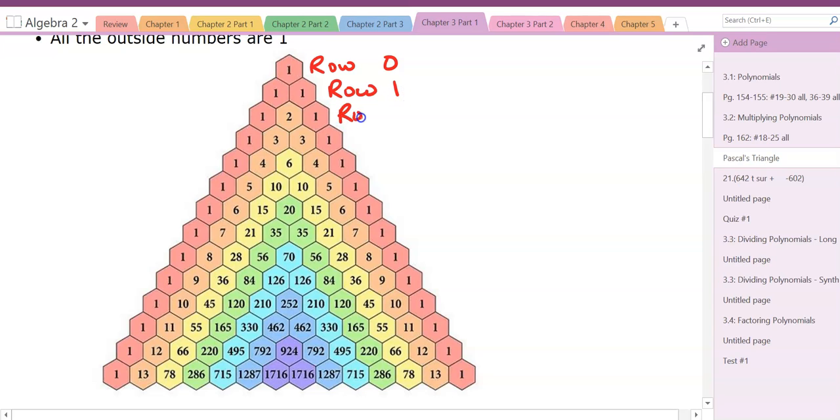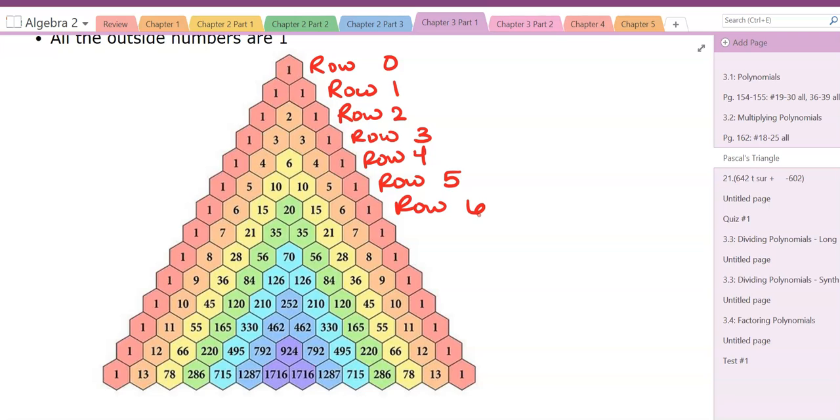And then keep going down, you get row 2, row 3, and so on. Okay, and I could keep going. I could keep labeling them. But know that Pascal's triangle does not just stop where I have it stopped up here. It keeps growing, and it could keep growing forever and ever.